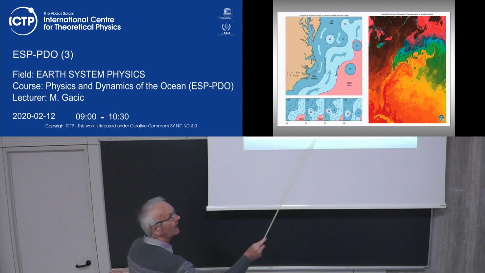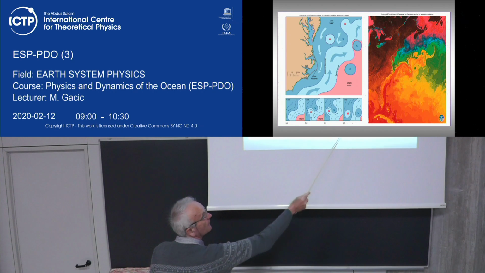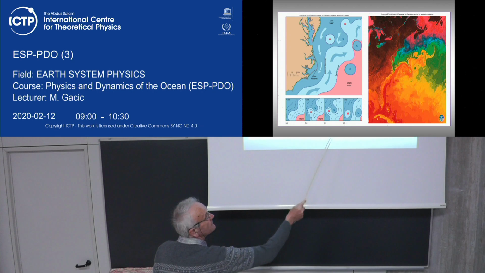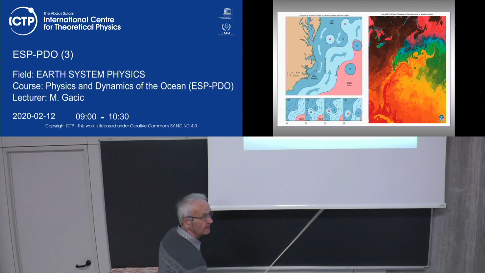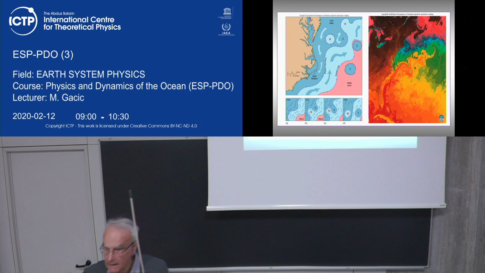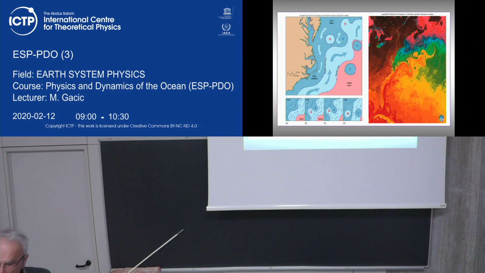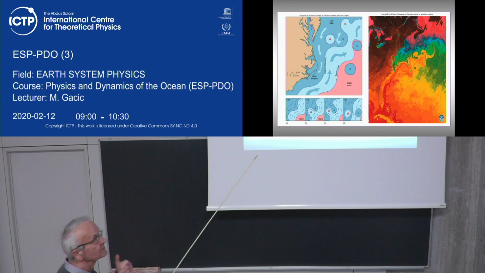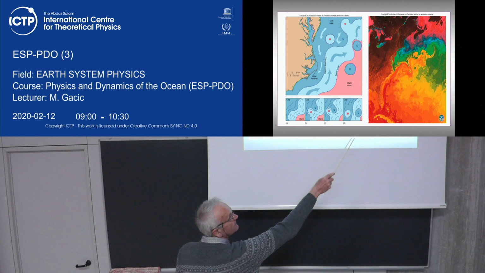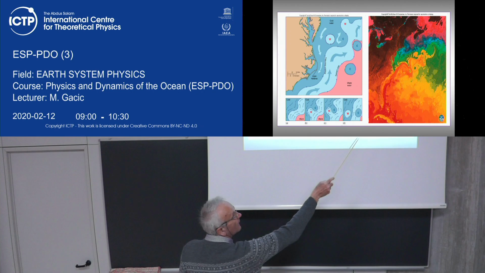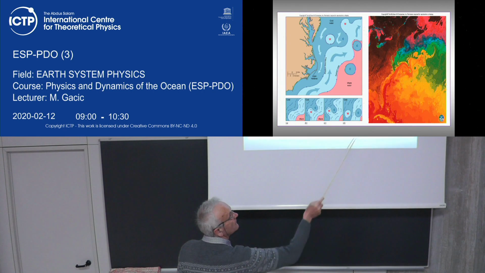Once it detaches from the coast, the water becomes colder. So this part certainly is colder, not only because it stays at a higher latitude, but also because of the presence of cold water adjacent to the coast. This is one thing. The other very interesting aspect is the temperature along the Europe coast.